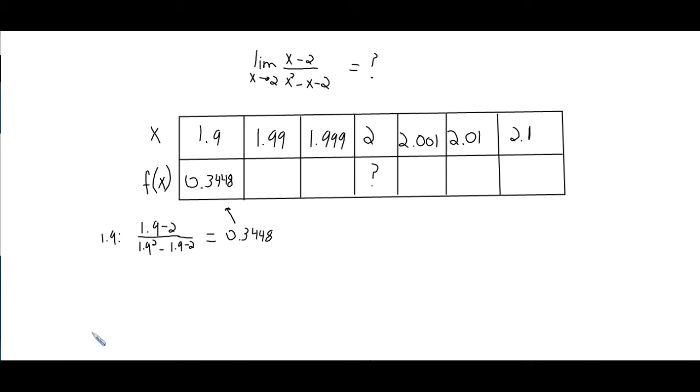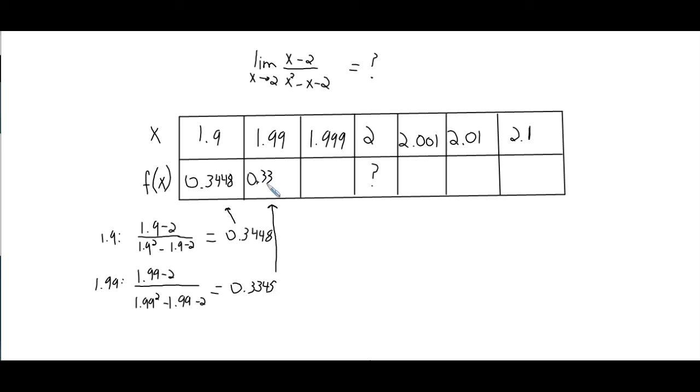And we go to our second value, 1.99, and we do the same thing. This is just plugging and chugging, just basic algebra. We're just plugging the numbers in for f and putting the answer in our table. So when we put 1.99 in, we get 0.3345. Okay, all right. So it's getting a little bit smaller.